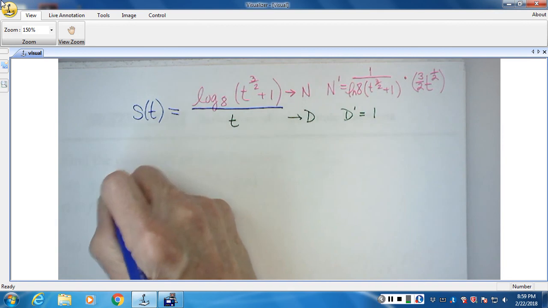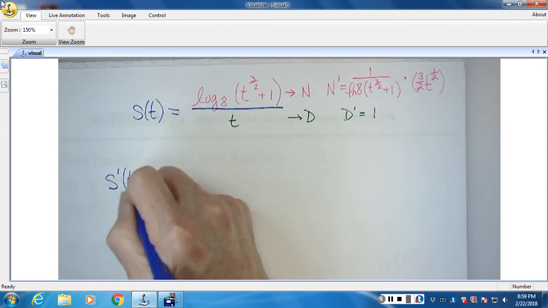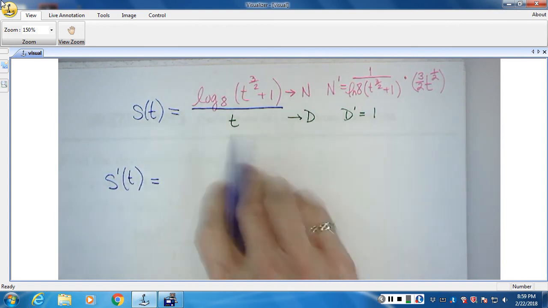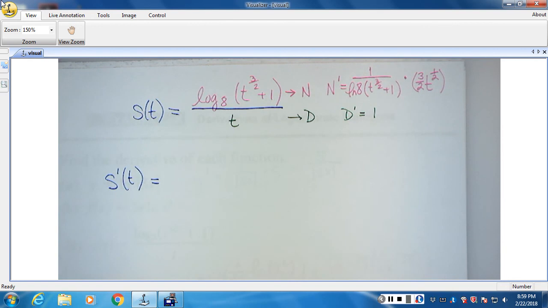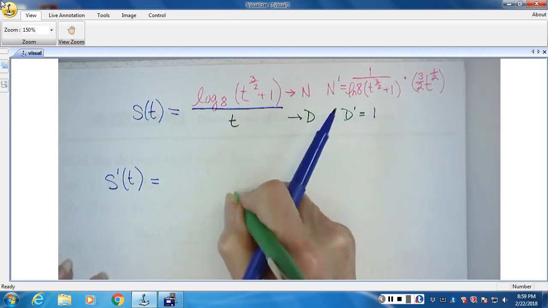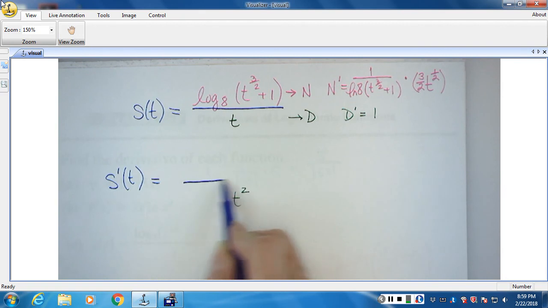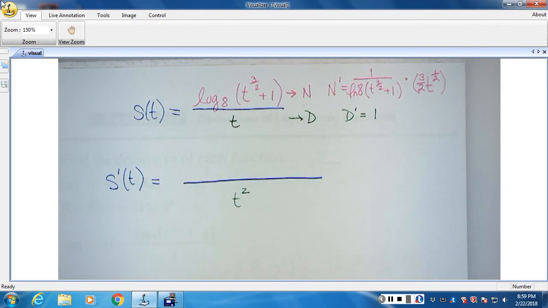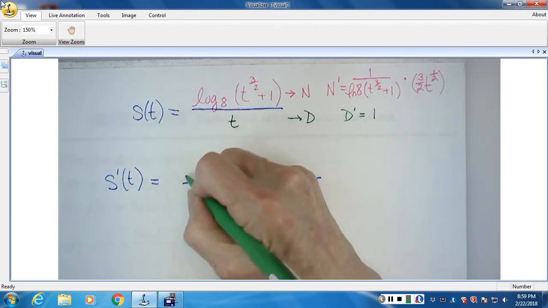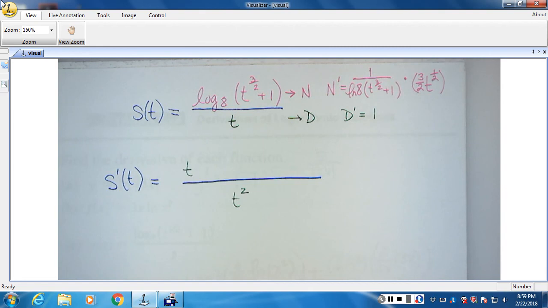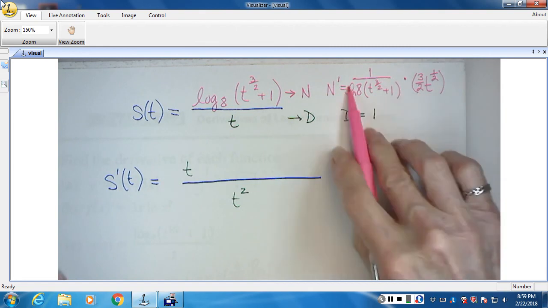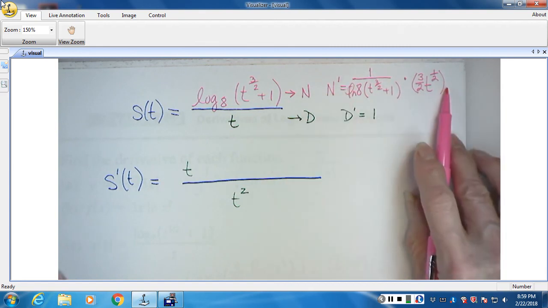So then S prime of t, I always start with the denominator. And I square it. Then I follow through by taking it to the numerator. And I multiply it times that big whole ugly thing.